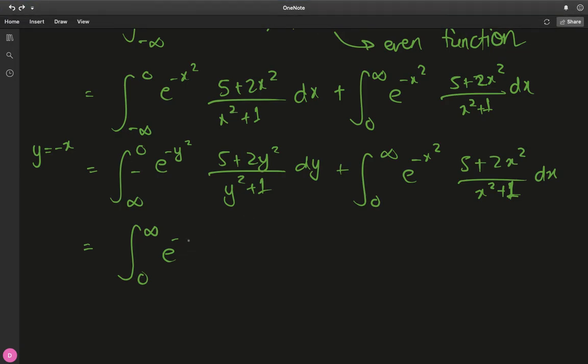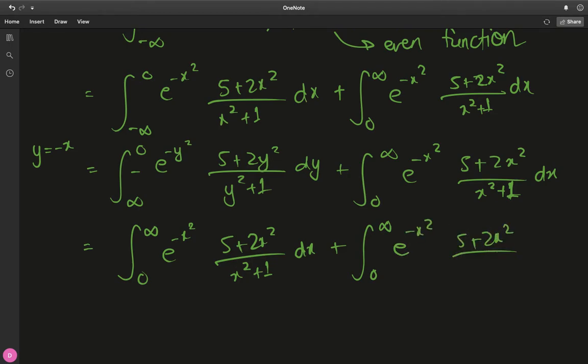So instead of y, I can again use x. So we have (5 plus 2x squared) divided by (x squared plus 1) dx plus the integral from 0 to infinity of e raised to minus x squared times (5 plus 2x squared) divided by (x squared plus 1) dx.